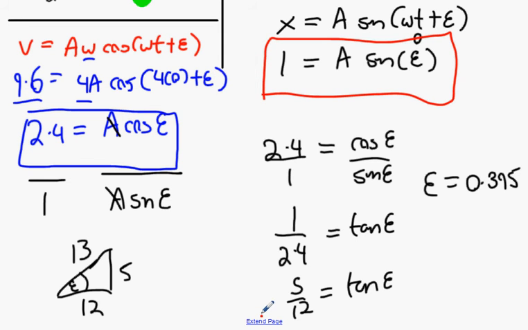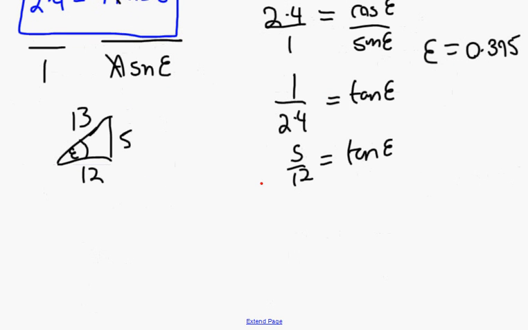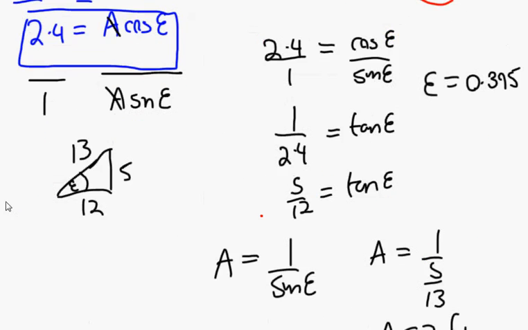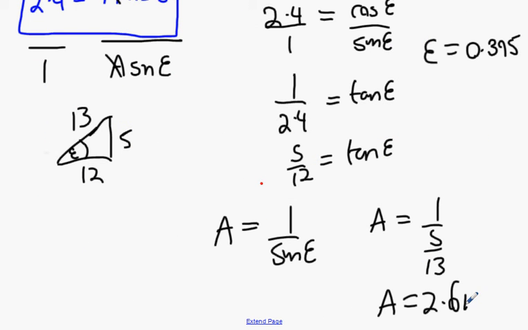So amplitude equals 1 over sine epsilon, and sine epsilon is 5 over 13. A equals 1 divided by 5 over 13. A equals 2.6 centimeters or meters. I can't remember. 2.6 meters. There you go. Okay.